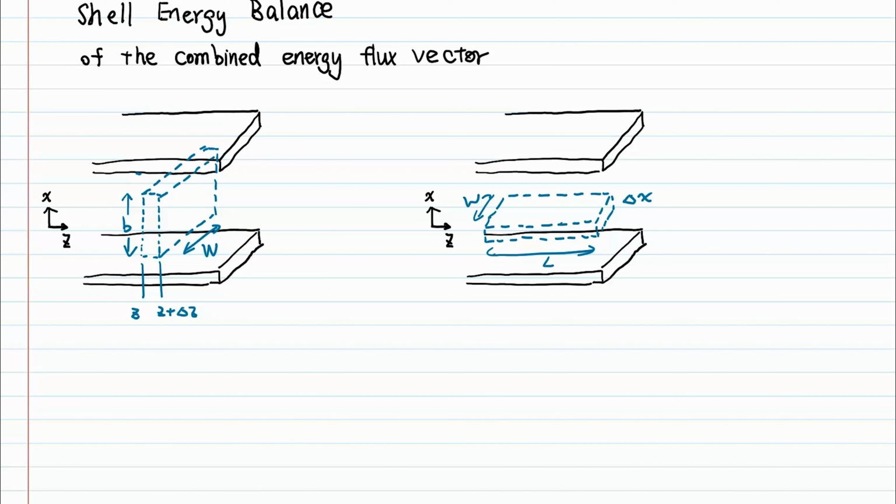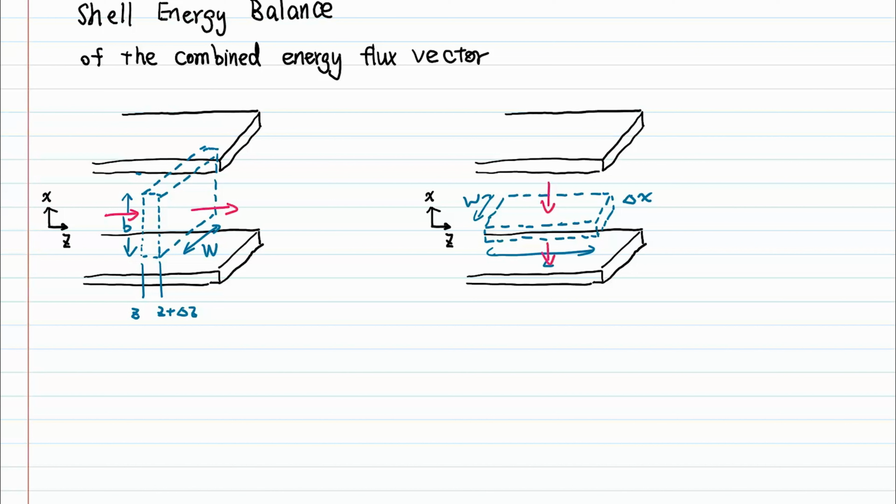Now let's take a look at how we should perform the energy balance here. If you define the shell as the left-hand part, you'll be assuming that your energy flux comes in this direction and goes out this direction. If you're looking at the right-hand side, you may be defining your flux going inward from the top and coming out from the bottom.